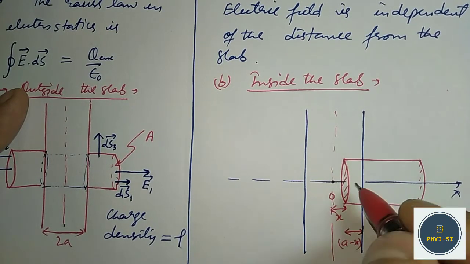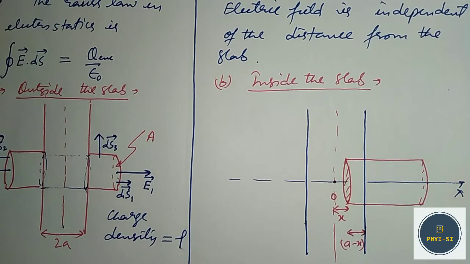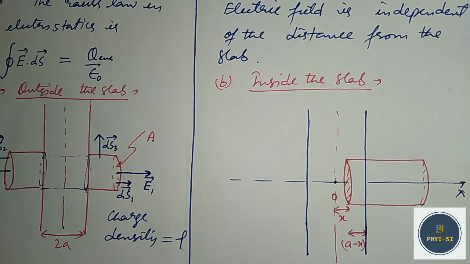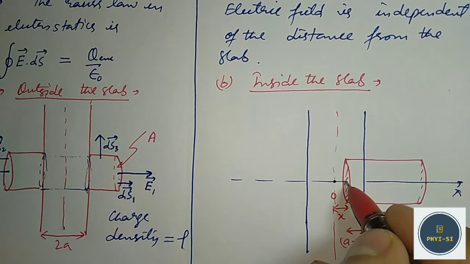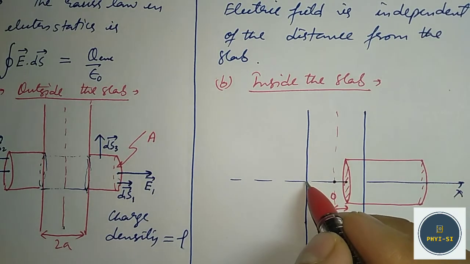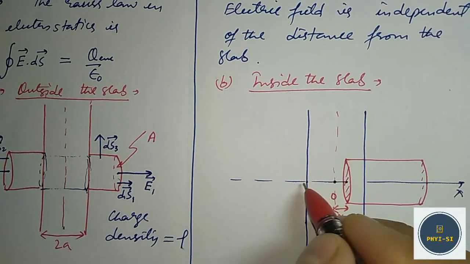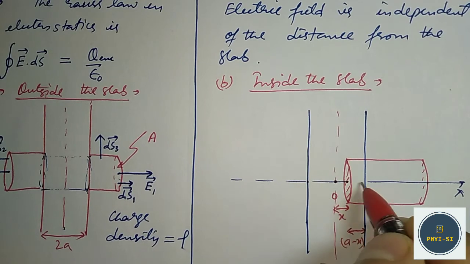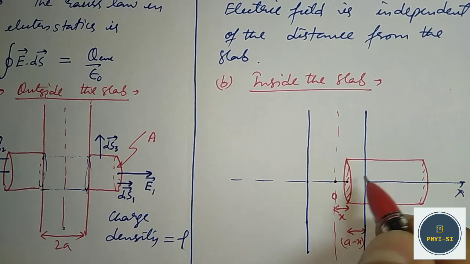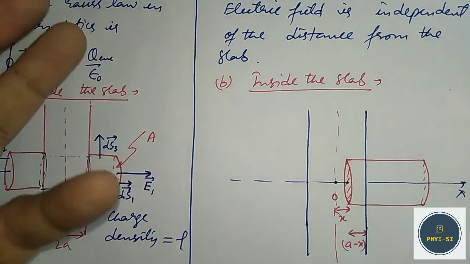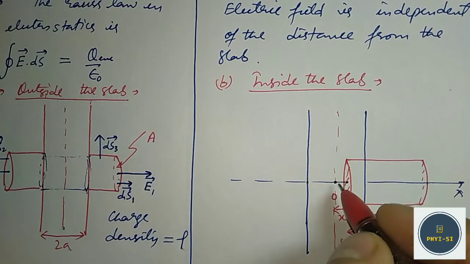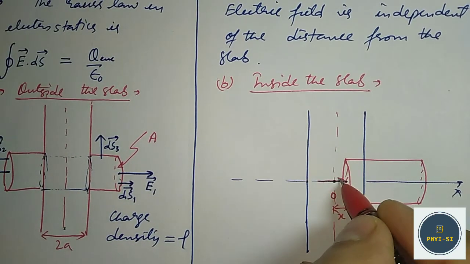So again we have two surfaces, but again there is a very important thing. Since more portion of the charge is along this side and less portion is along this side, and this slab is too large, the electric field here must be inwards.